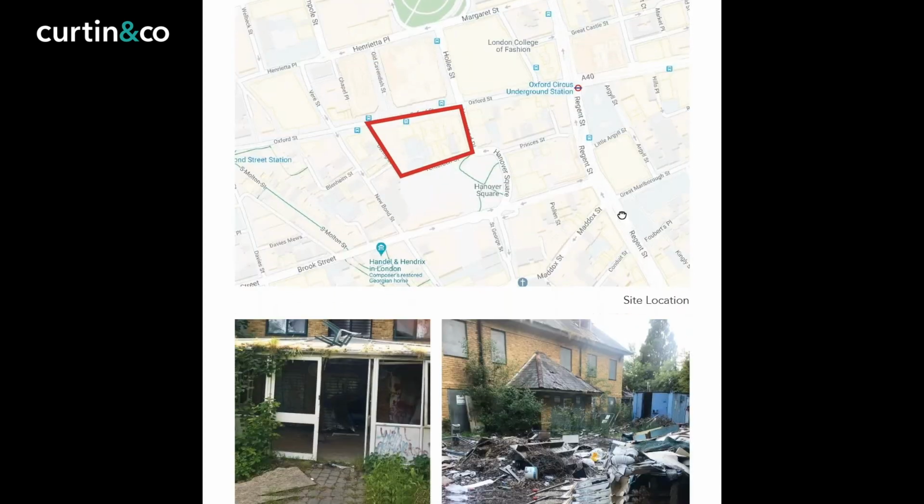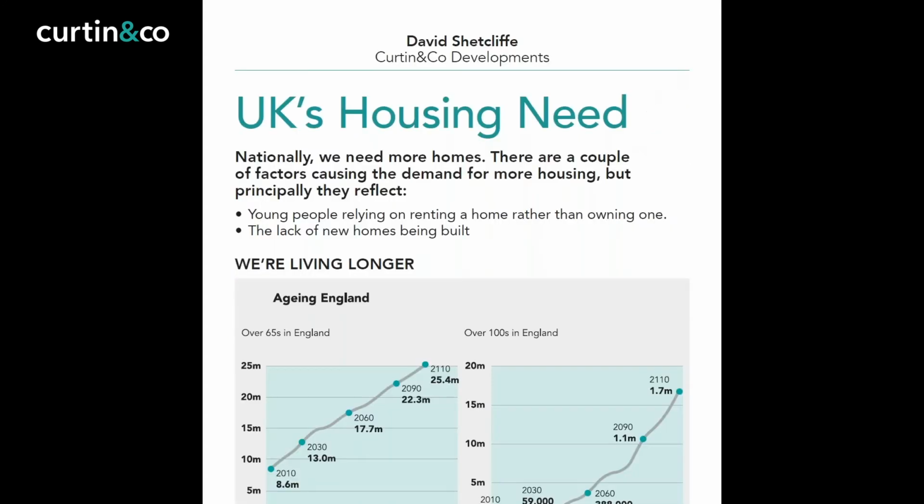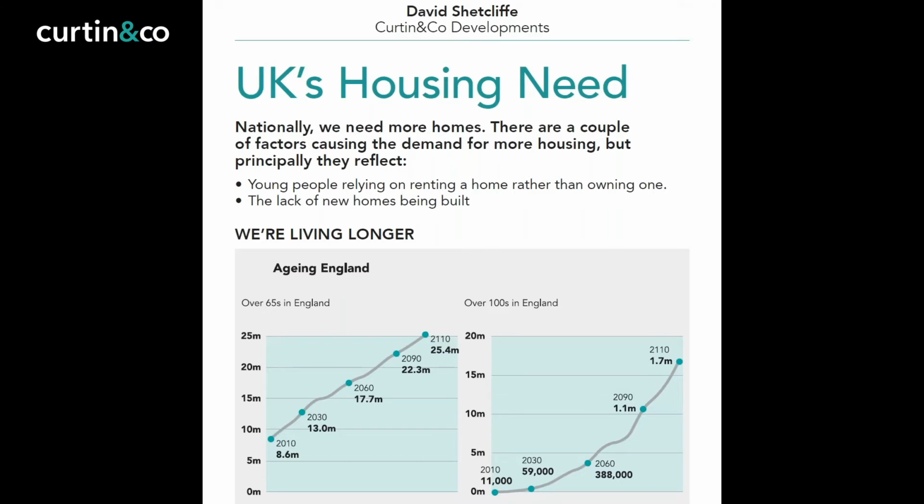And as you all know, this is what it looks like at the moment. Surely we can do a lot better. So this is what we're looking to propose. But before that, why do we need to develop? Why is there a need? Clearly, the UK housing market needs more homes.